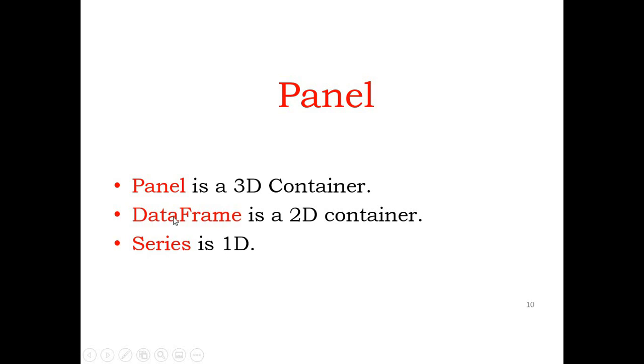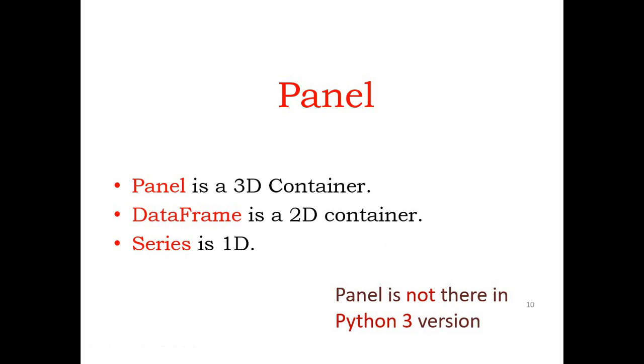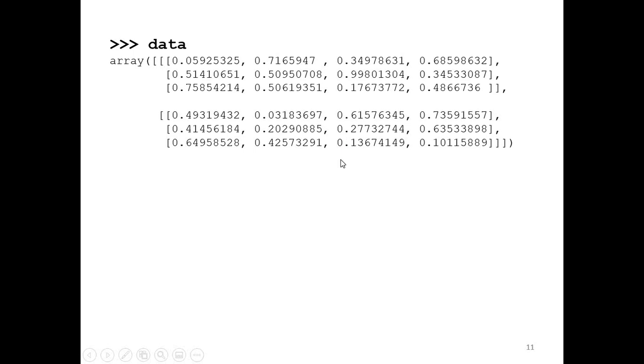So a series can be contained in a data frame, which can be contained in a panel. So this is the hierarchy. But remember, this panel is not there in the Python 3 version. So whoever is using Python 3 need not go through this, but for the sake of completeness, you can check the demonstration.